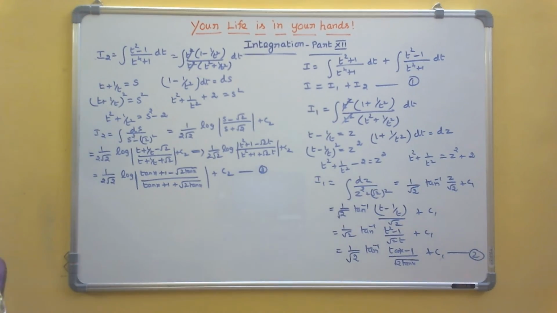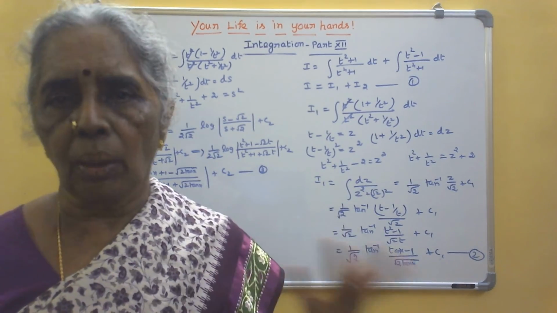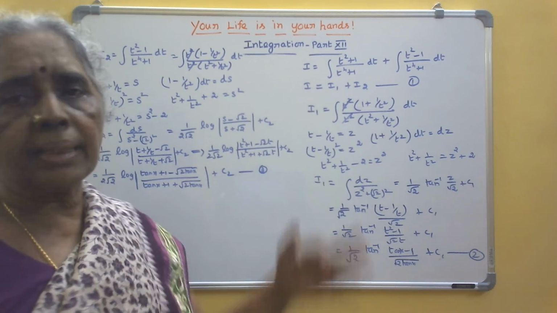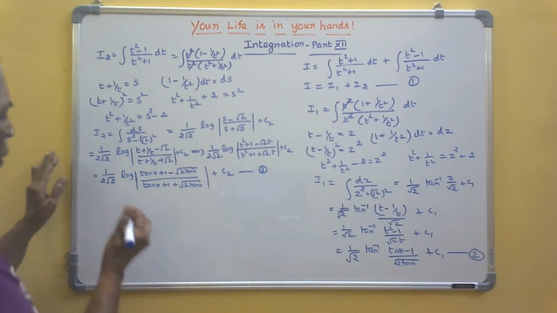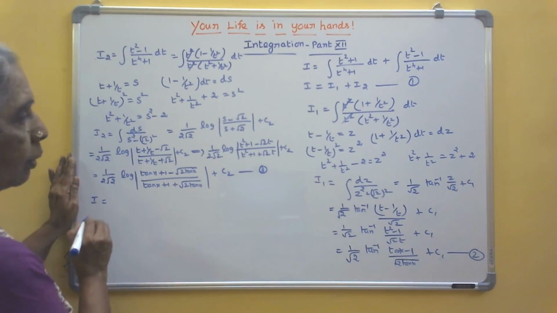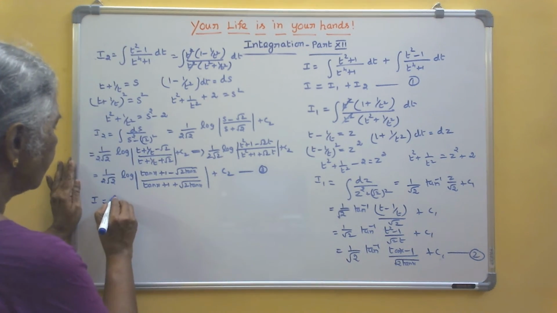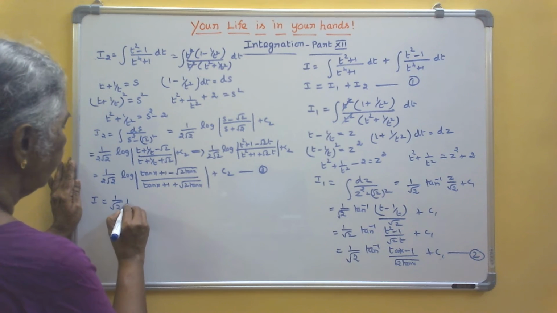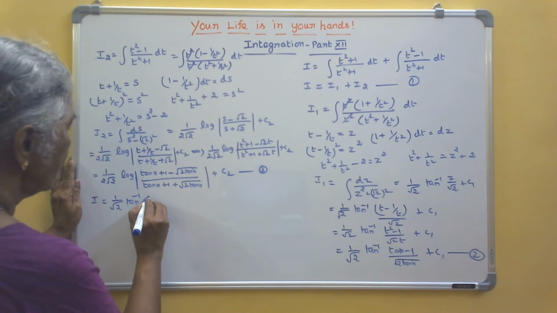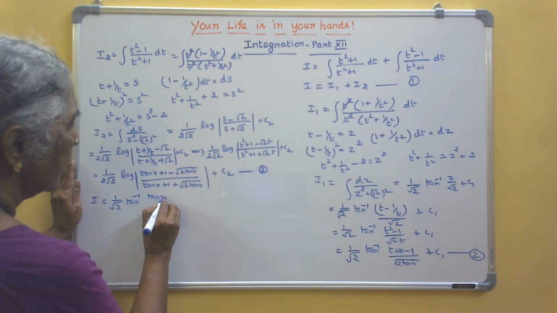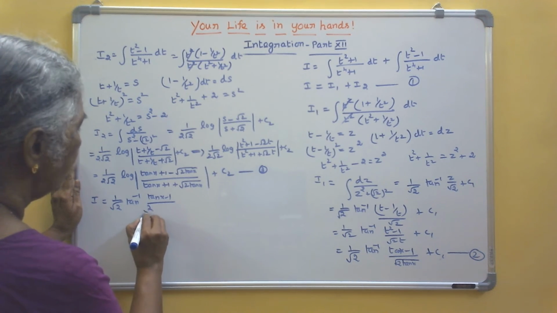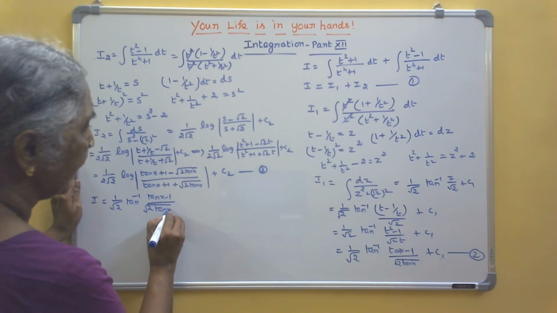Now we have to substitute 2 and 3 in 1. 1 is very simple. I is I1 plus I2. So now you will get I is equal to I1. What do you have in I1? It is 1 by root 2 tan inverse of tan x minus 1 by root 2 tan x, right?